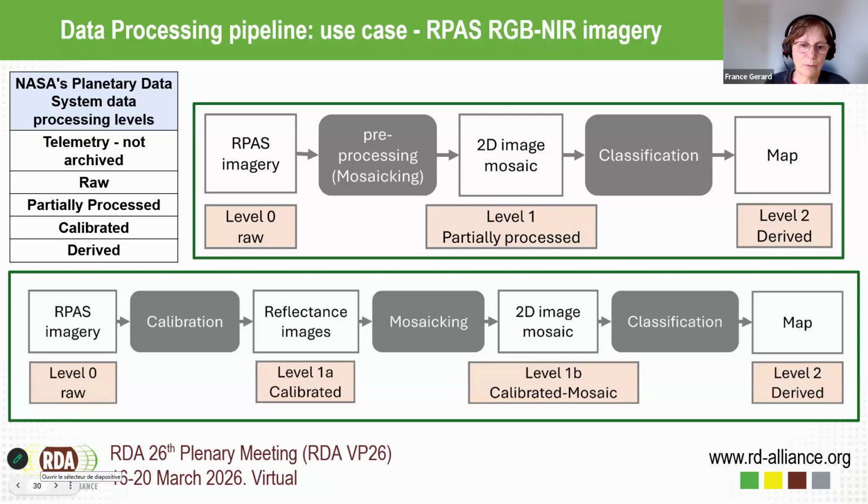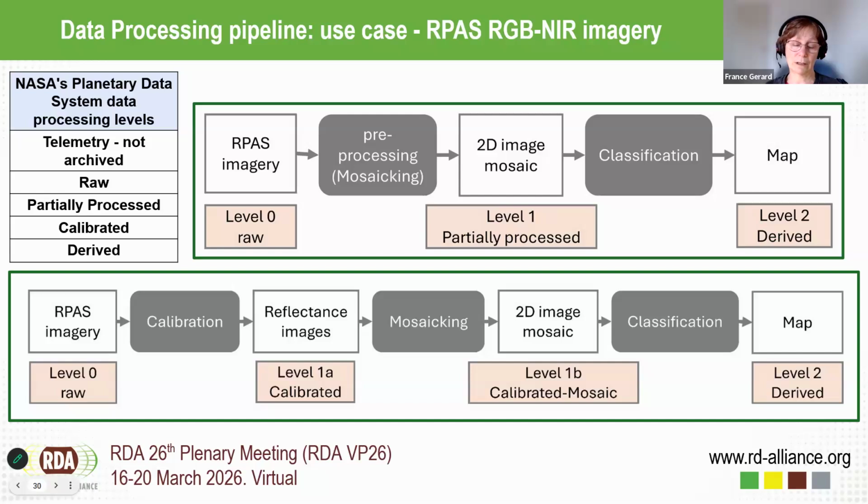So here, this is an example of data that I use quite often, which is RGB imagery collected. What we often do is, from the raw data, we would pre-process to create mosaic data sets, which are co-registered, and we end up with a 2D image mosaic.